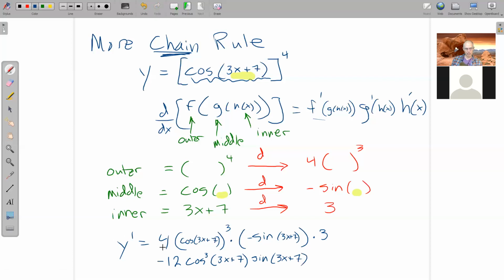All right, did I get everything? Double check. So sometimes I like to mark off. I got the 4, I got the negative, I got the 3, I got the cosine cubed, and I've got the sine. And when I left the insides the way they were, yep, looks like I accounted for everything. Does that clean up?